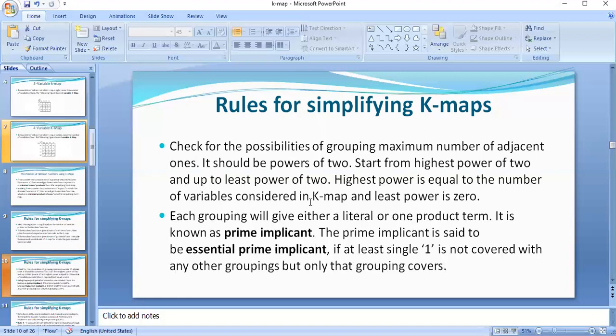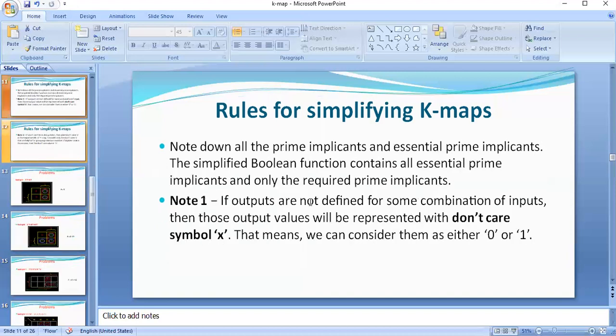A prime implicant is said to be essential if it has at least one cell which cannot be covered by any other prime implicant or any other group. That is called an essential prime implicant. In the final expression, we have essential prime implicants and only the required prime implicants.